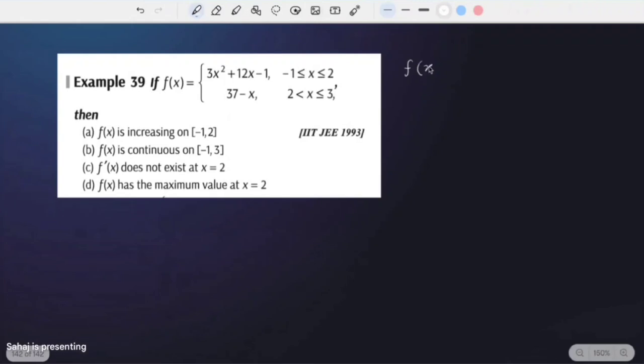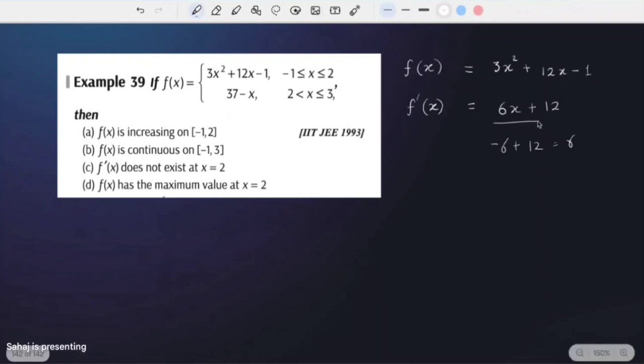Within that range, the definition of f of x is the top one, 3x squared plus 12x minus 1. This is my definition within this range. So you take f prime and see if this is positive semi-definite. So 6x plus 12. At -1, what is the value? -6 plus 12. This is positive.